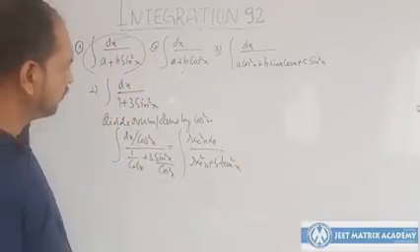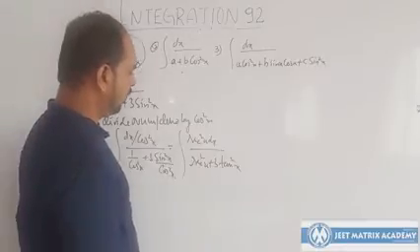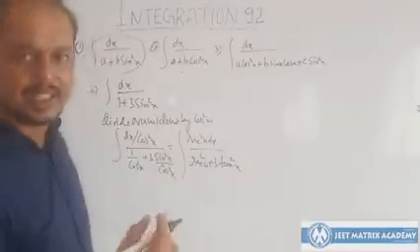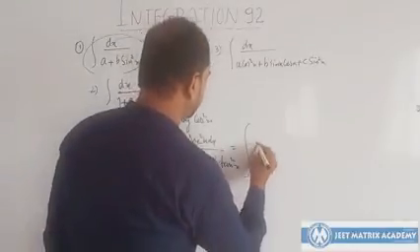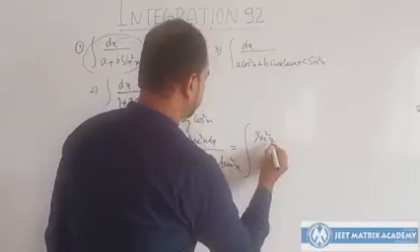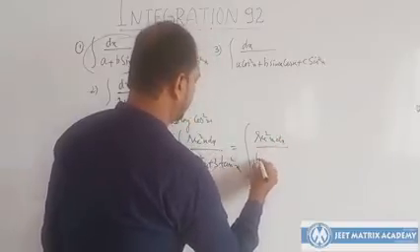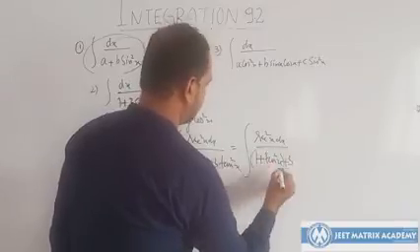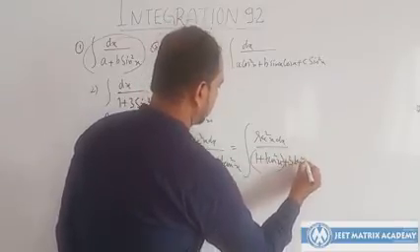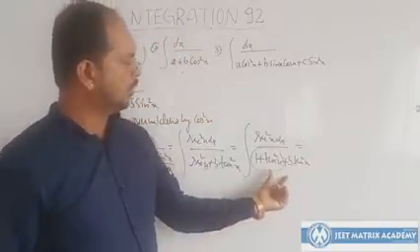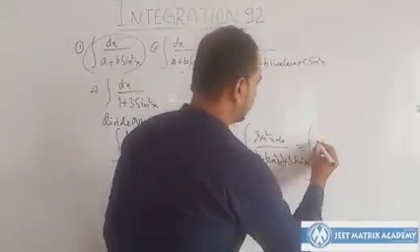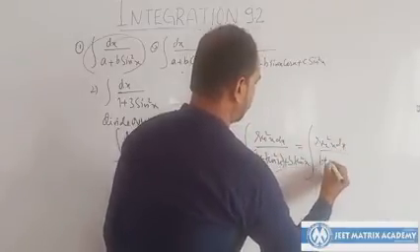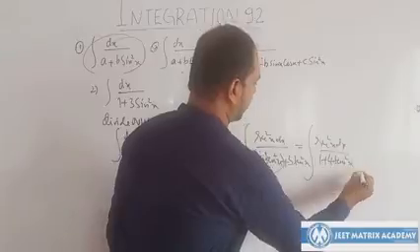Now instead of sec square x you can write 1 plus tan square x. Sec square x dx divided by 1 plus tan square x plus 3 tan square x, so it is 4 tan square x. Sec square x dx divided by 1 plus 4 tan square x.